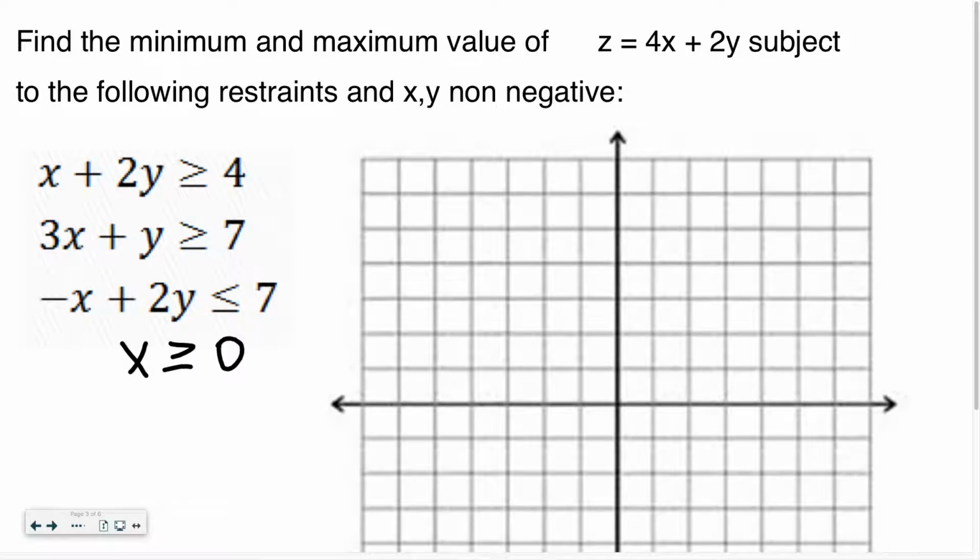So we need to graph these. X plus 2y equals 4. What is our y-intercept? What is our x-intercept?